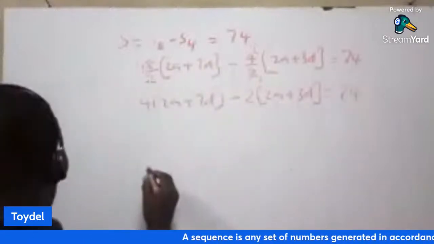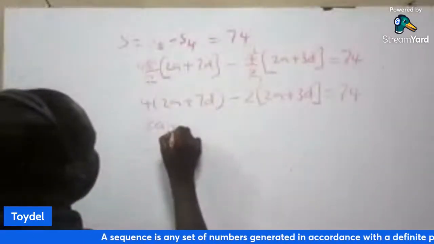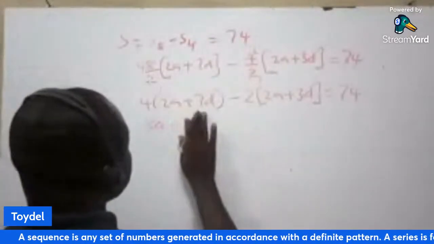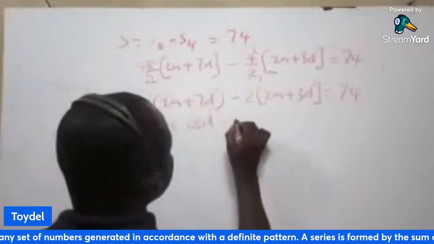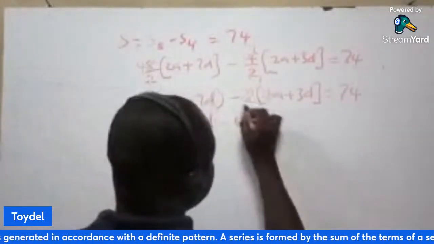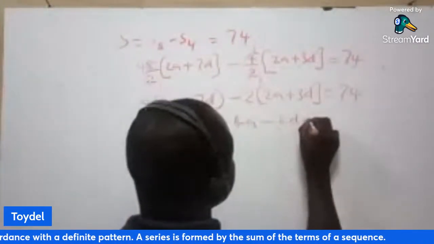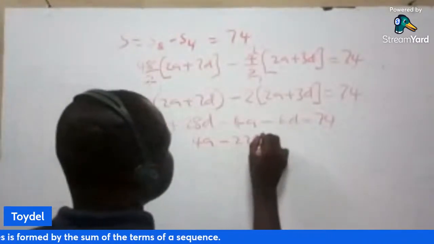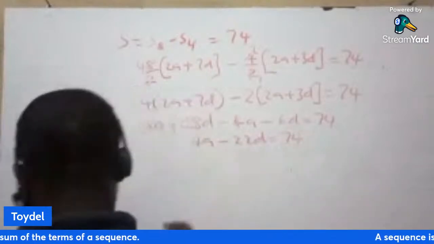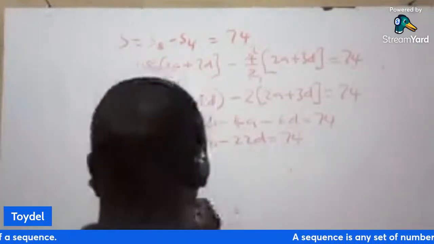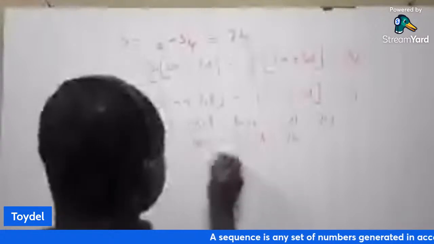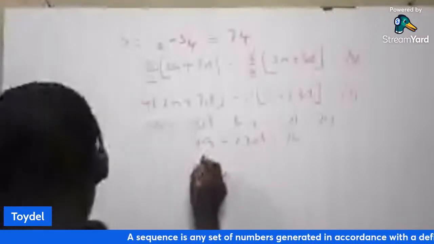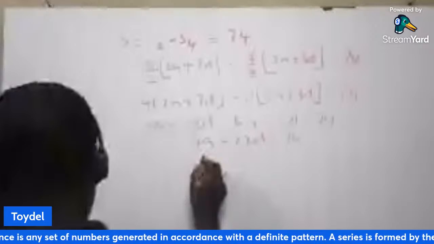Then if I open up here, I'm going to get 8a plus 4 times 7, that is 28d, minus 4a minus 6d is equal to 74. So here I'm going to have 4a plus 22d is equal to 74. And of course, we can divide through by 2, so that we get equation 2.